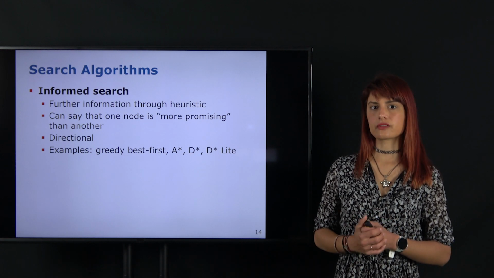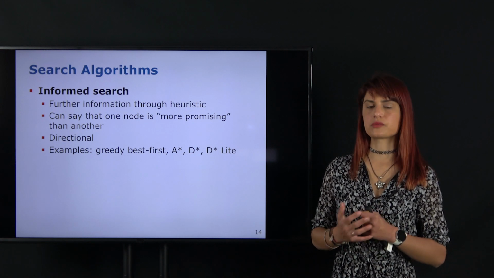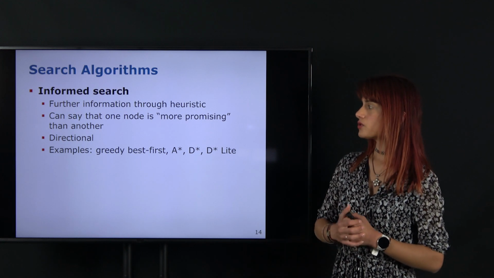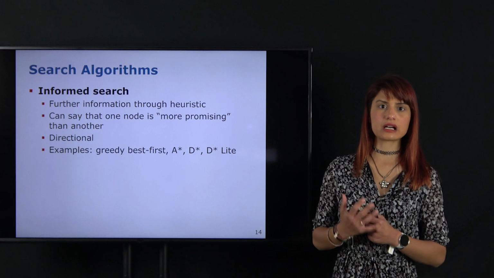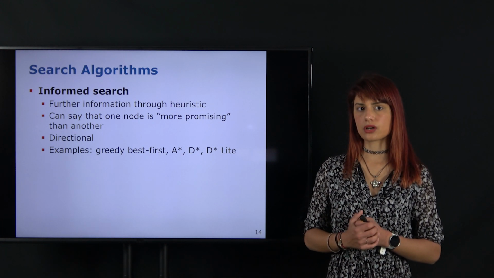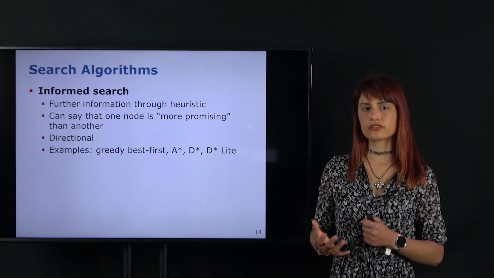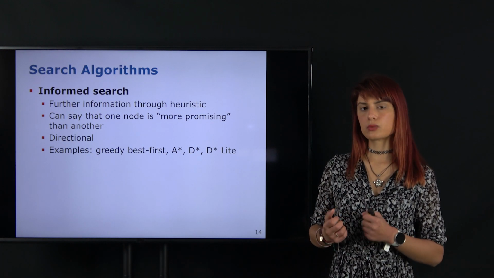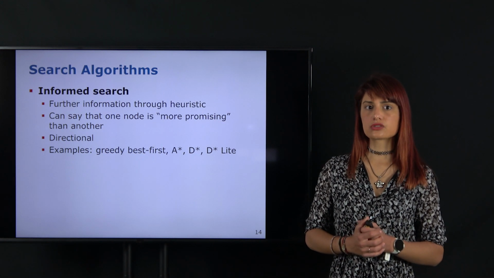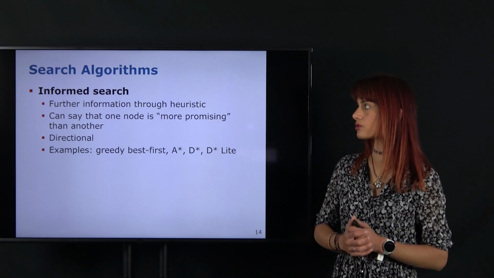An alternative way of searching is using an informed search strategy. An informed strategy uses more information in order to guide the search. And the reason why one would want to do this is to make the search more efficient. So in some way, we're injecting more knowledge into our search problem in order to find the solution quicker, or trying to do this.